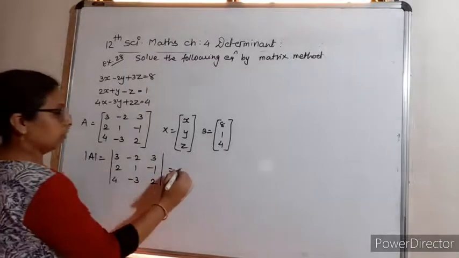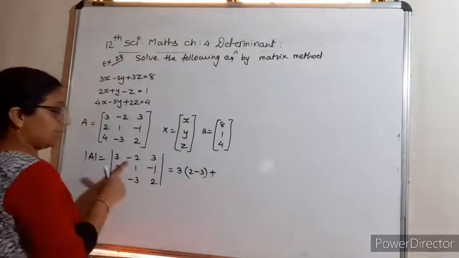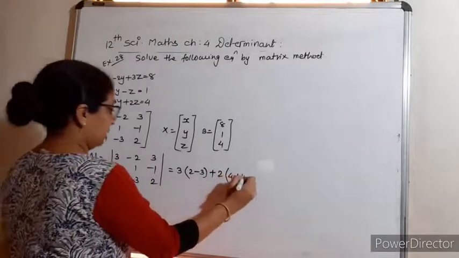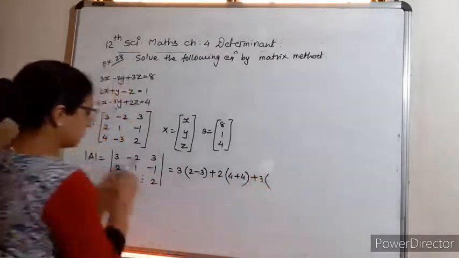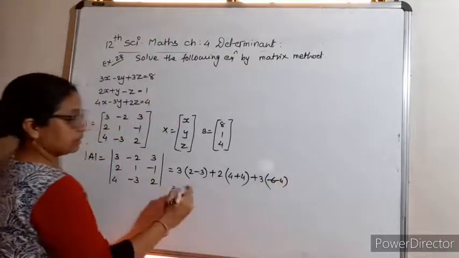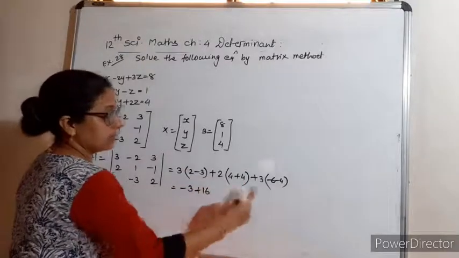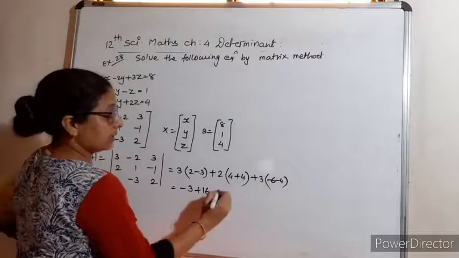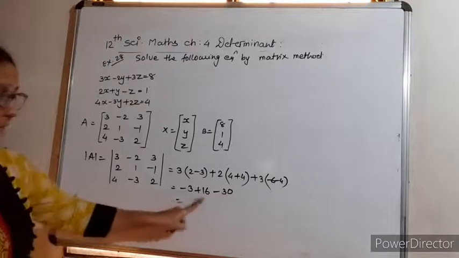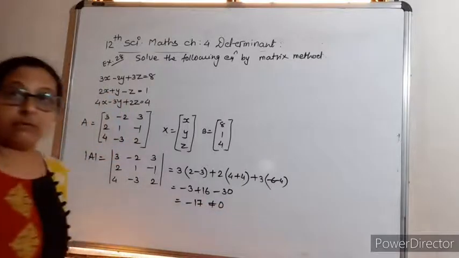That is equal to 3 into (2 minus 3), minus (minus 2) into (4 plus 4), plus 3 into (minus 6 minus 4). 2 minus 3 is minus 1, that is minus 3. 4 plus 4 is 8, 2 is 16. Minus 10 plus 3 is minus 30. So minus 33 plus 16 gives minus 17, which is not equal to 0.